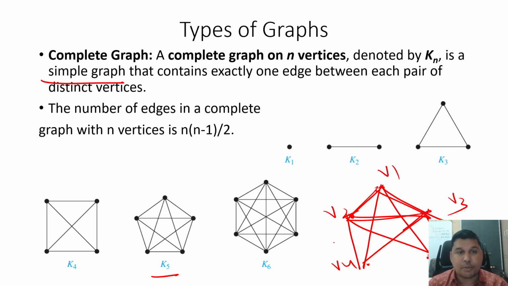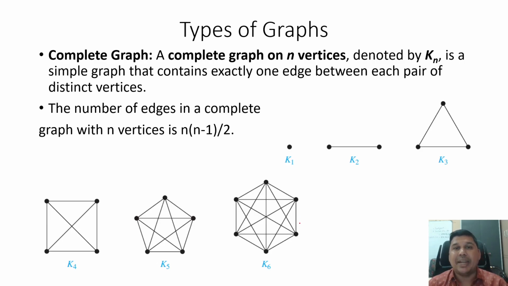So this is about one type of graph, the complete graph, denoted by Kn, where n indicates the number of vertices in that graph. The condition is that from a vertex v1, if there are 3 other vertices v2, v3, v4, there should be an edge from v1 to v2, v3, v4, and from v2 there should be edges to v1, v3, v4.